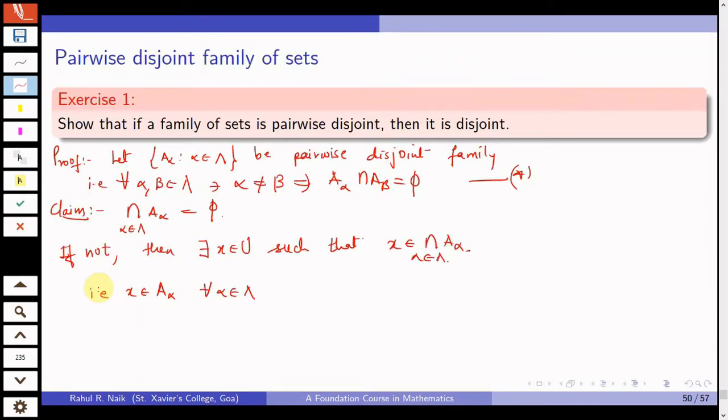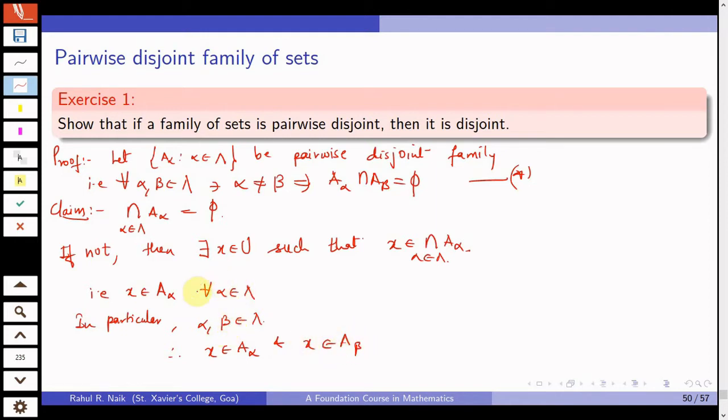So now, in particular, if alpha, beta is in lambda, then X also belongs to A alpha and X also belongs to A beta. Don't get confused with the notation here.